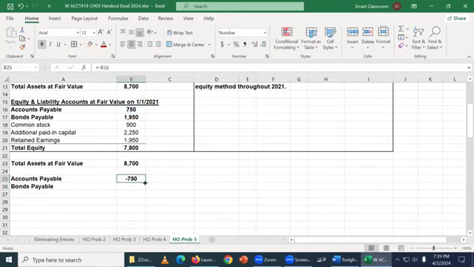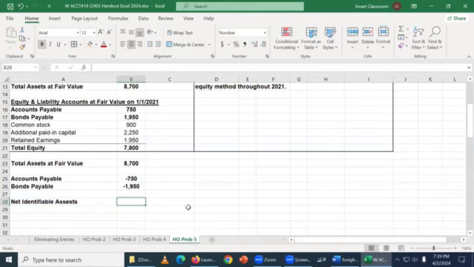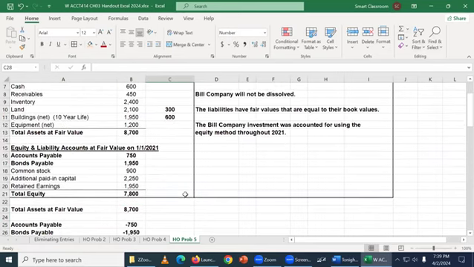And so this will be our total identified assets. Is that right?